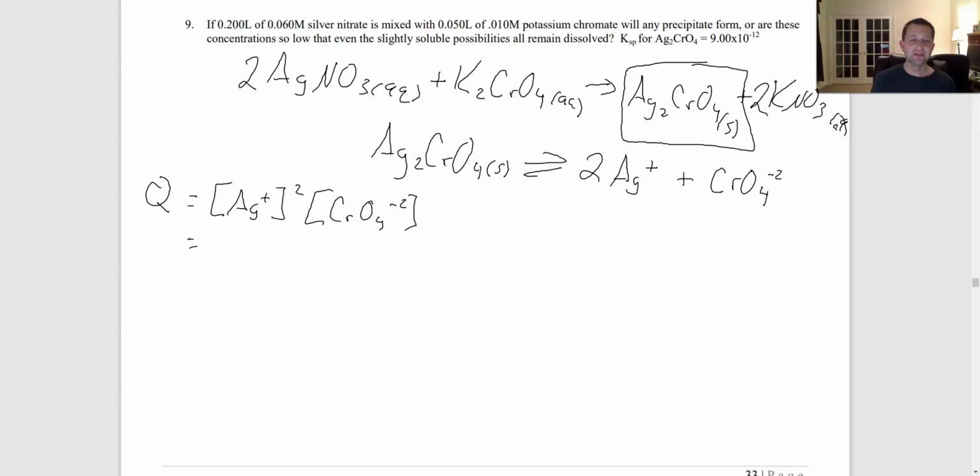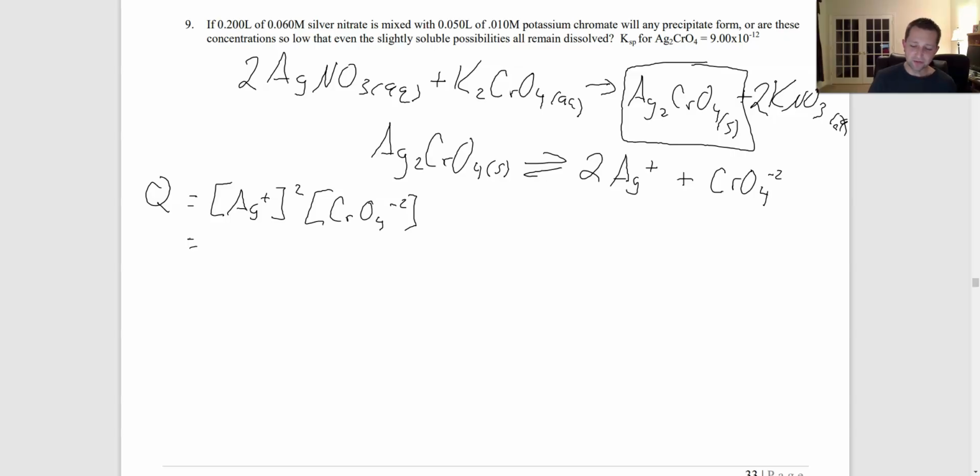So this is not as easy as saying, oh, I have 0.060 molar silver, oh, I have 0.10 molar chromate, let me just plop that in there. I can't do that. What you did was you added 0.2 liters of this, 0.05 liters of this. Those volumes are additive, right? So you diluted both of these.